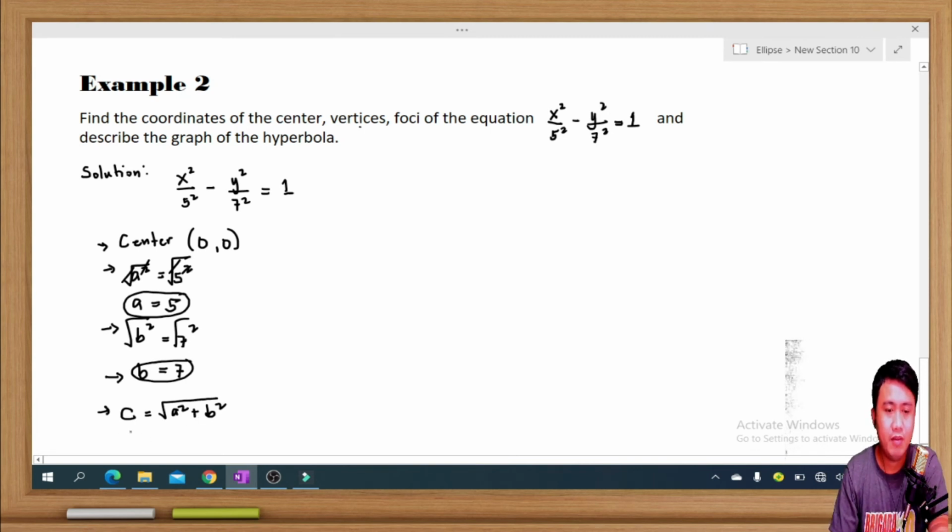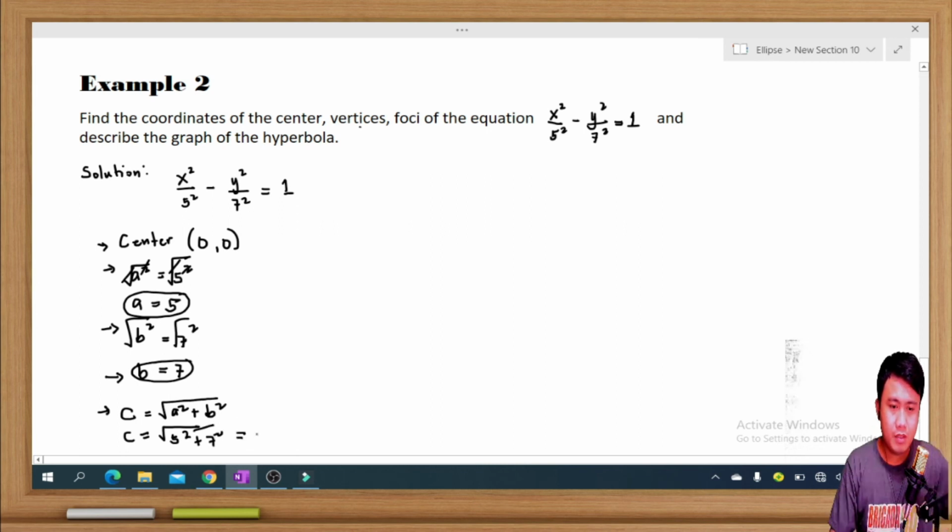And so, anong value ng ating A? Ang value po ng ating A ay 5. 5 squared plus 7 squared. So, 5 squared is 25 plus 7 squared is 49. So that is 25 plus 49. What is 25 plus 49?